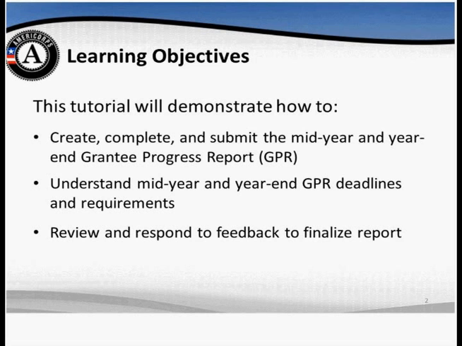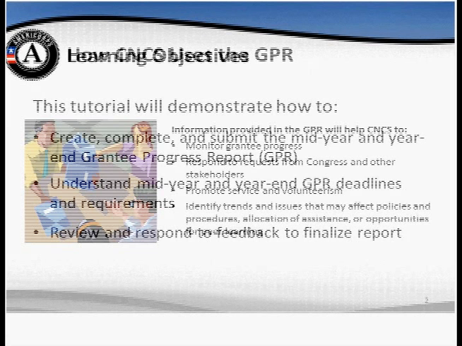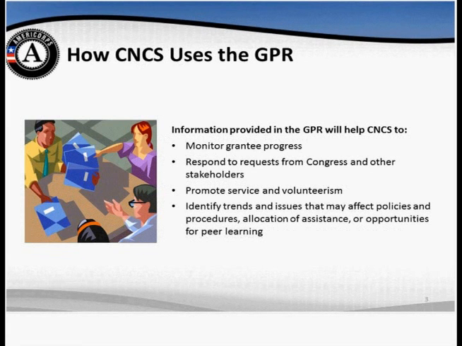I know that many of you use this information to report to your own stakeholders, beneficiaries, and grantees and subs. The information that you report in is also very important to CNCS. They need accurate and correct data because they use this in reporting to Congress and other stakeholders.